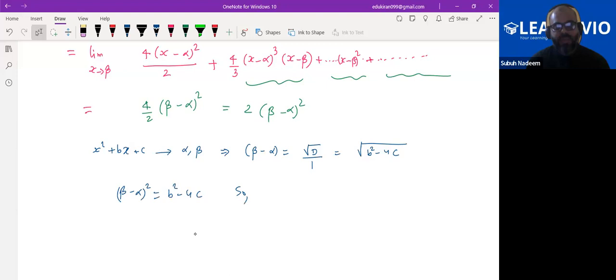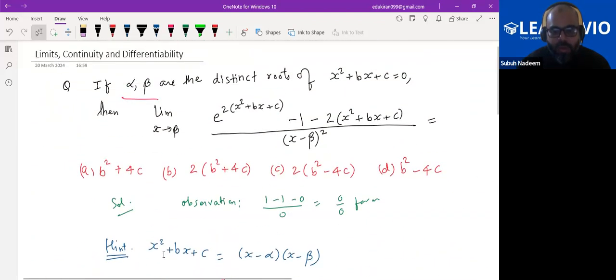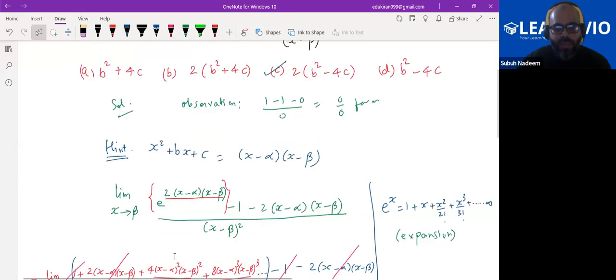So our answer is 2 into (b square minus 4c). If we see the options, of course option C is the correct option.